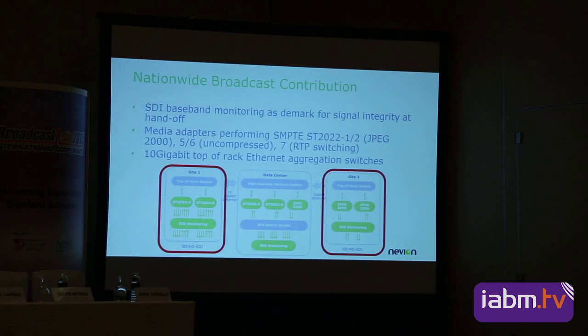If you look at their network, it's very simple. All they had at the customer premises is a monitoring solution followed by SMPTE 2022-6 media adapters that converted baseband SD and HD into 10 gigabit Ethernet, which was aggregated by a Juniper top-of-rack switch.